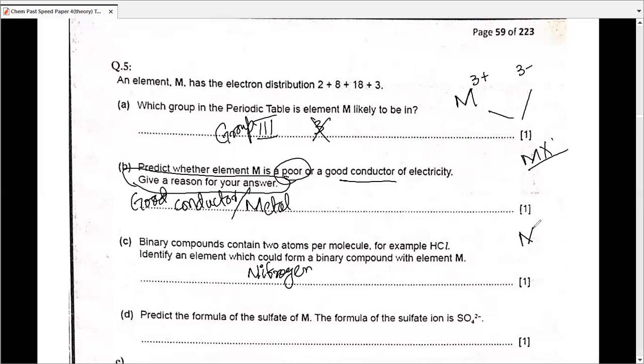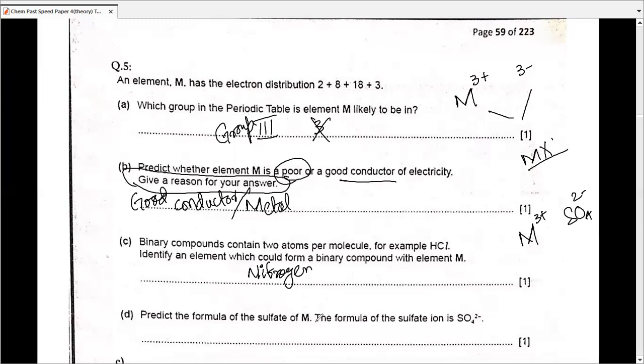Now M has 3 plus, sulfate has 2 minus. Find out the formula of this compound. It shouldn't be difficult. We practice it a lot. M2, bracket SO4, and 3.